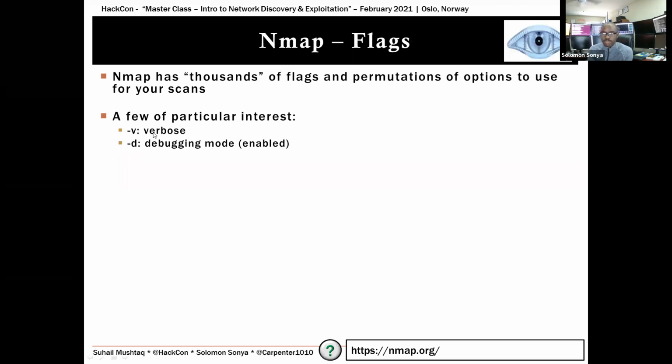One, verbose. If we want to be verbose, just see more information as Nmap is scanning the system, the -d flag is useful. -d, debugging. I do want to foot stomp debugging because there are times that we will use the more advanced Nmap scripting, when we utilize the Nmap Scripting Engine, NSE.